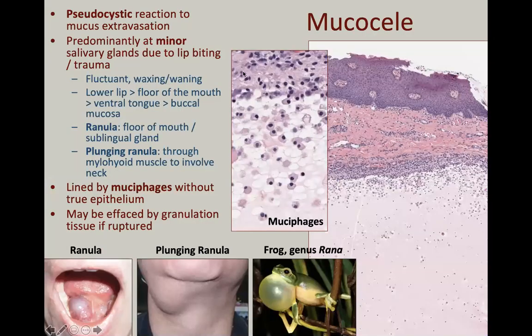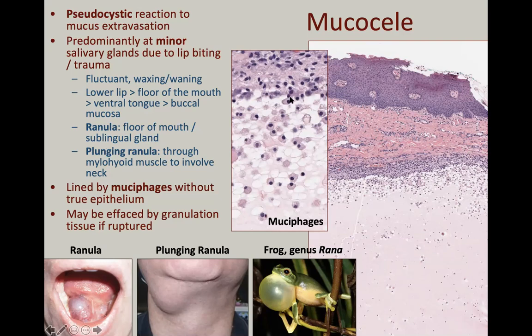Some of the common non-neoplastic entities that we see include a mucocele. And so this is a pseudocystic reaction to mucus extravasation in sites usually of trauma or lip biting. These usually wax and wane. And if they are quite large, they can actually be considered ranulas or plunging ranulas, where there are these large kind of fluctuant masses either at the floor of the mouth or even plunging down into the neck.